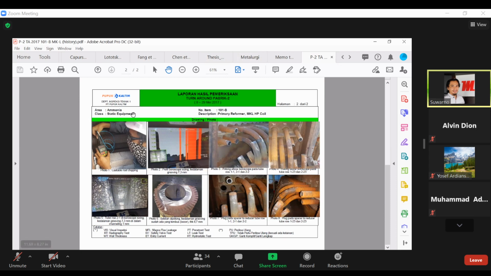I'm not sure if you can see my pointer here because I cannot see it. You can see my pointer, right? This thing.